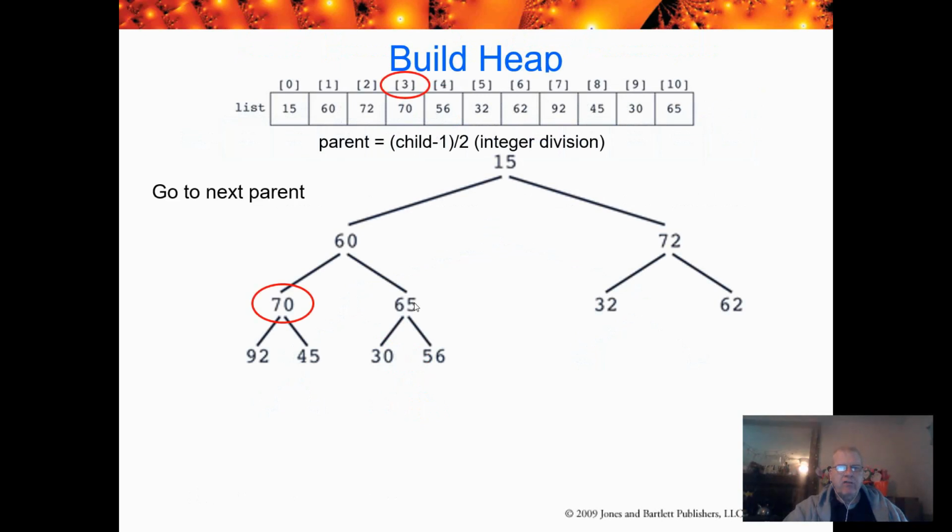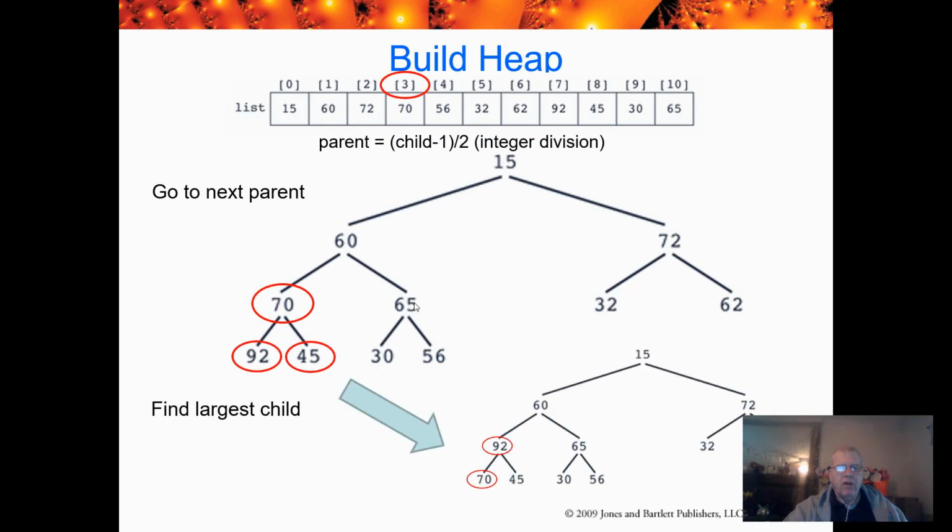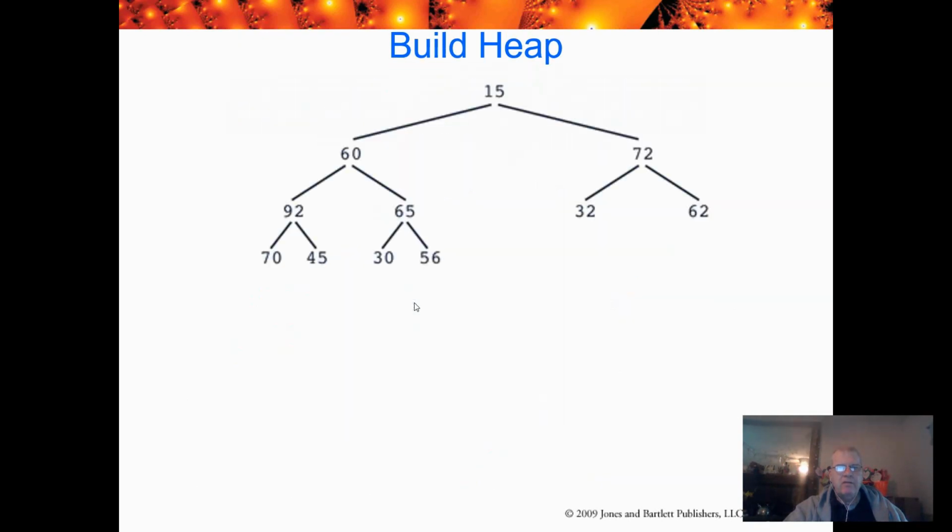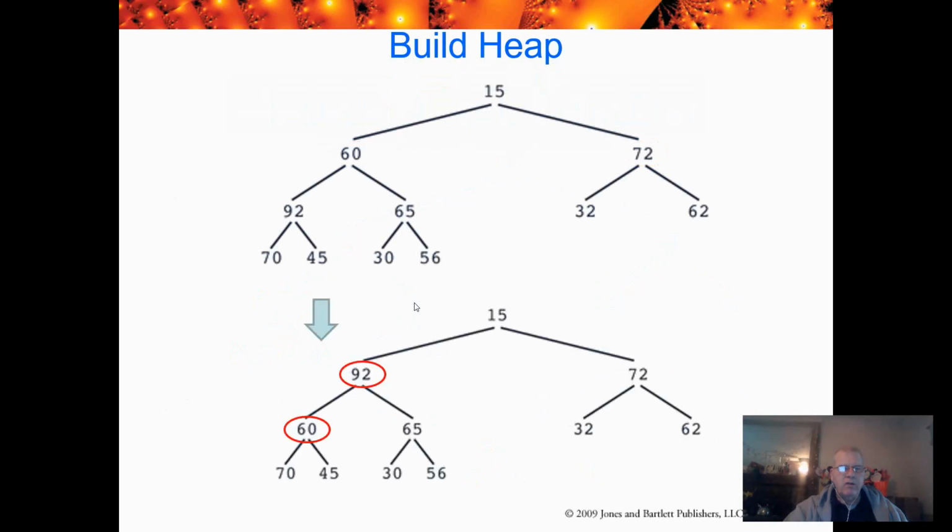And then we find the next element, which is 3. At this point, we go 4, 3, 2, 1, 0. So we find that 92 is the largest, so we swap it. We go to 72, and it's already a heap. We go to 60, and it swaps with 92.